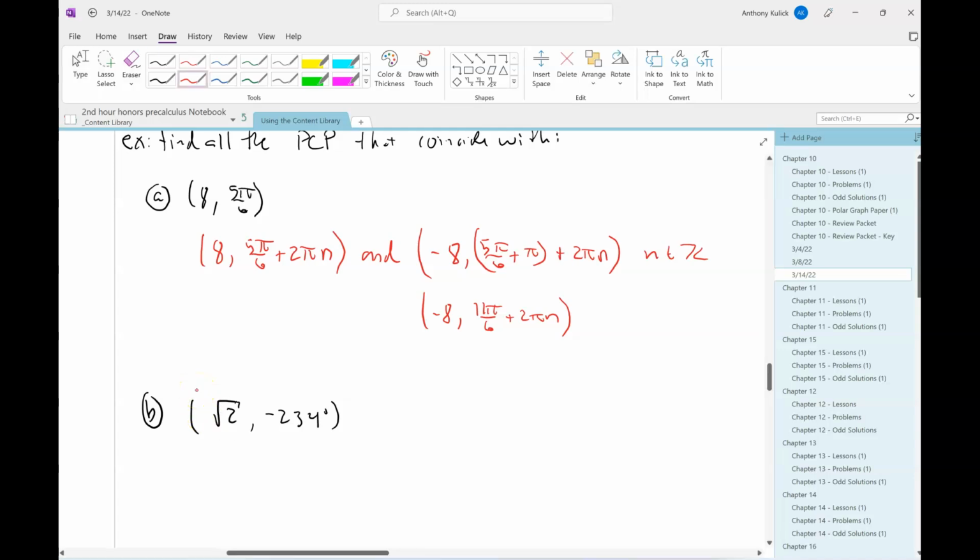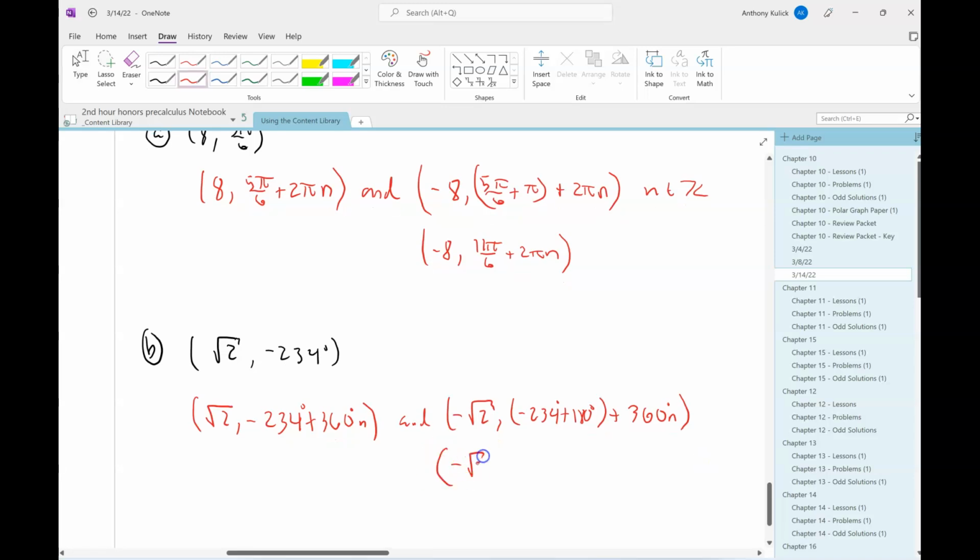What if we have root 2 and negative 234? Well, we're going to have root 2 and then everything coterminal to 234. Recognize that because this is in degrees, I'm adding multiples of 360 instead of multiples of 2 pi. And then we also need negative root 2, and then negative 234 plus 180, and then coterminal to that.